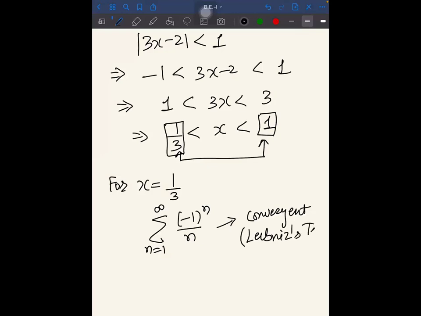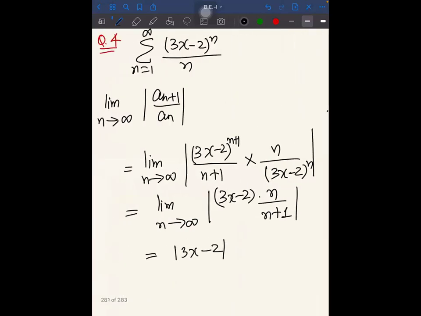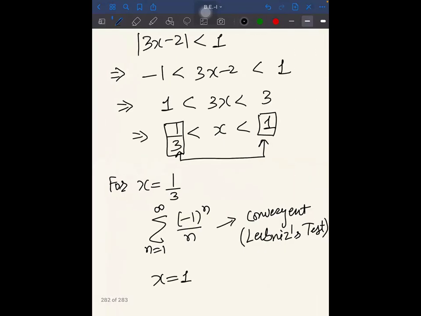So I'm leaving this. And what about x is equal to 1? X is equal to 1, it will become the series of 1 by n, and that is divergent.